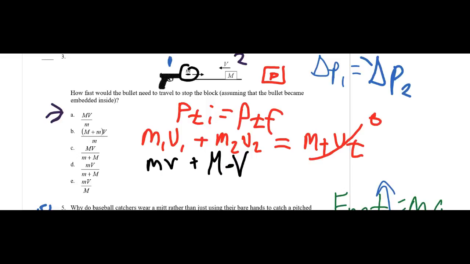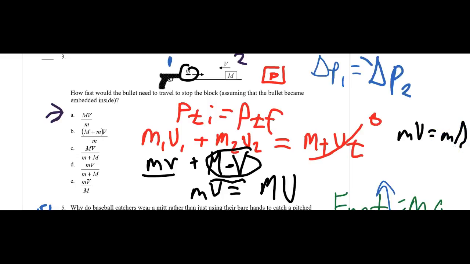So I have mv minus big M V, because it's minus. So I could add it to the other side. So this side has mv, then I've added this term to the other side, so that's big M V.